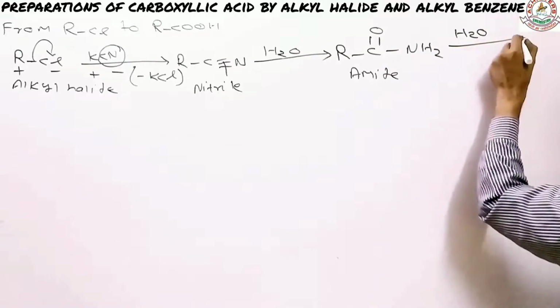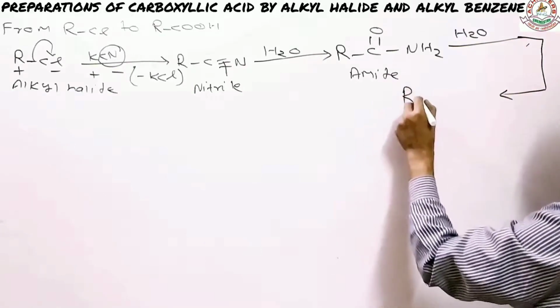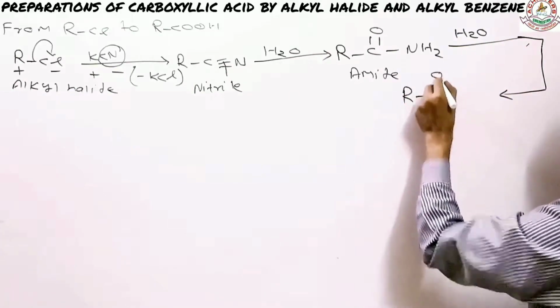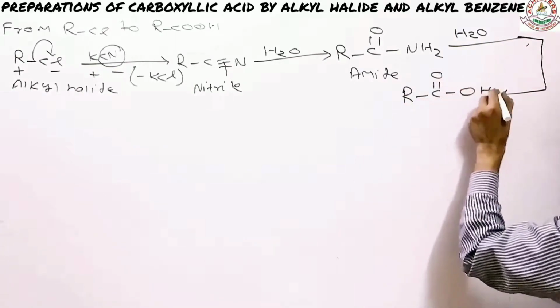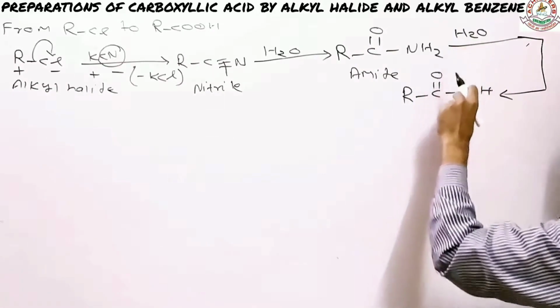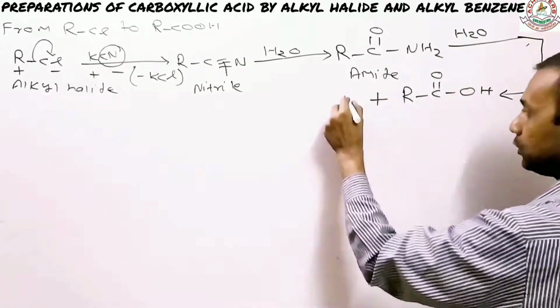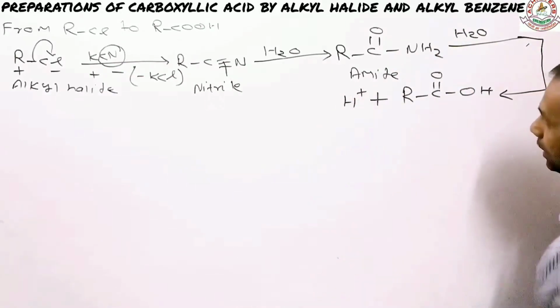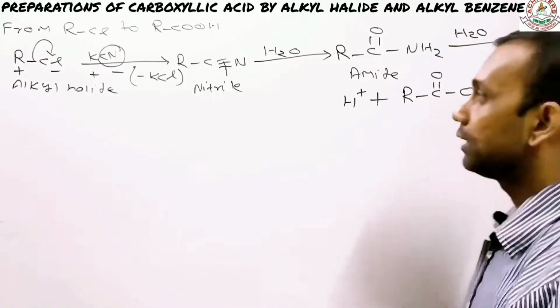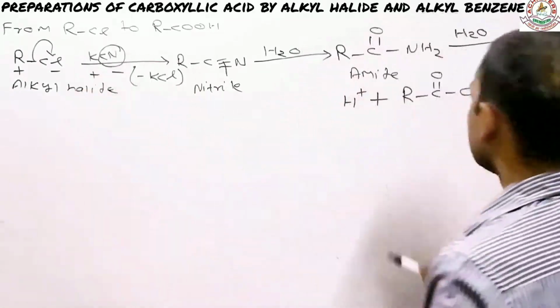The reaction gives RC double bond O and OH. But if you want to understand what happened here, there is also a hydrogen ion, so a proton is also released by the end of the reaction. This is the reaction that relates how a haloalkane can be converted into carboxylic acid.